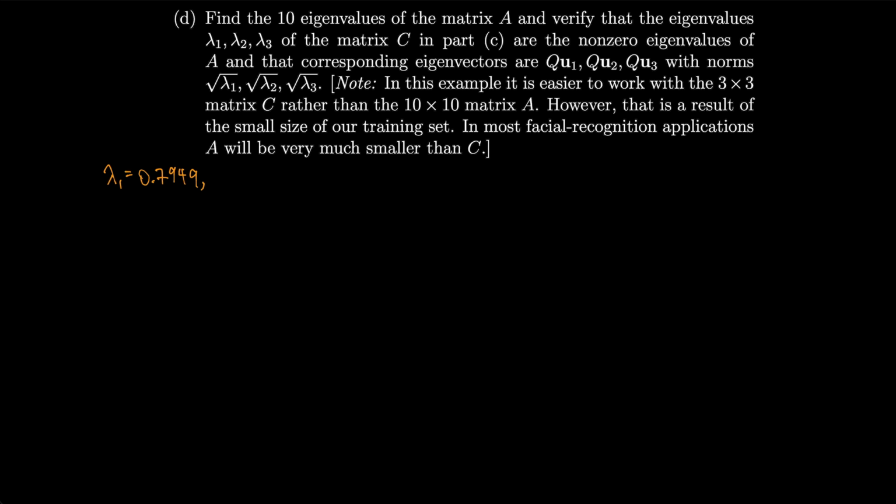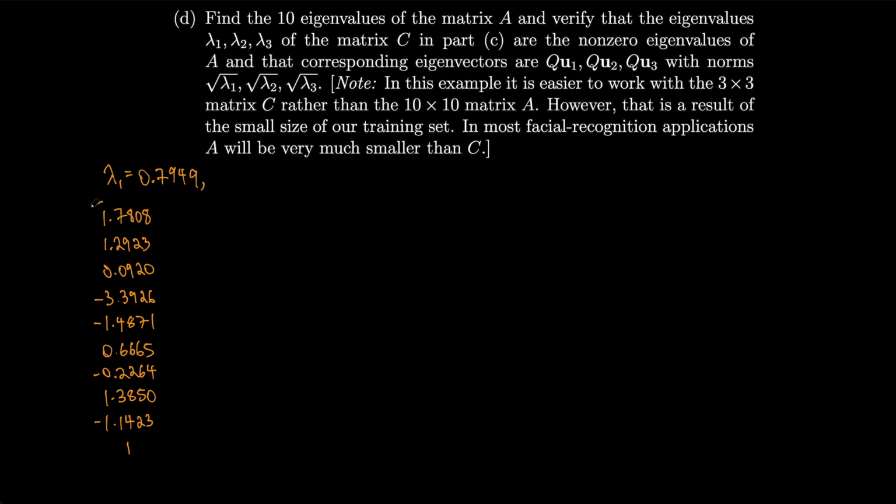I'll write out the entries: 1.7808, 1.2923, 0.0920, negative 3.3926, negative 1.4871, 0.6665, negative 0.2264, 1.3850, negative 1.1423, 1. Okay, so that's v1.